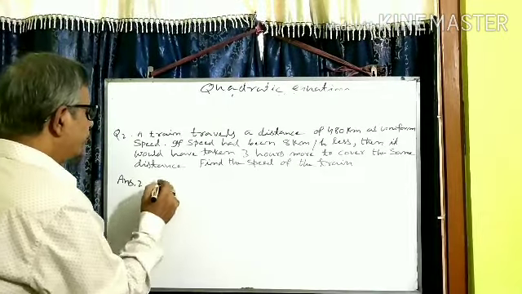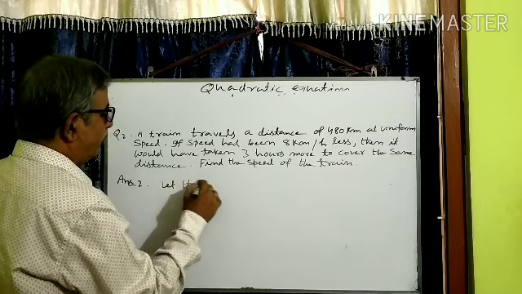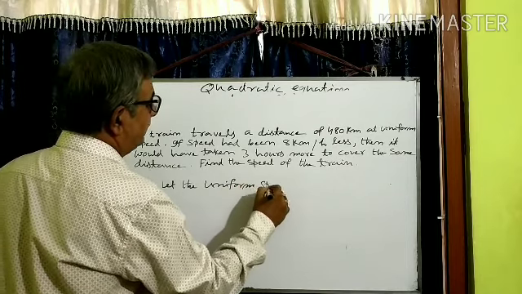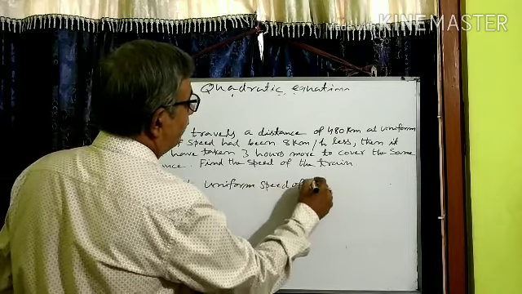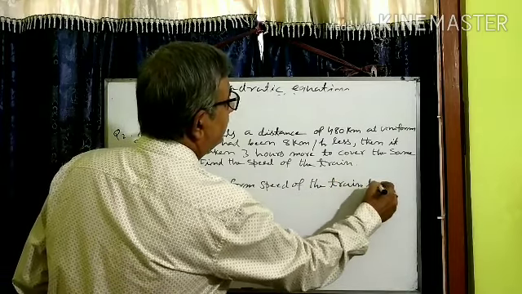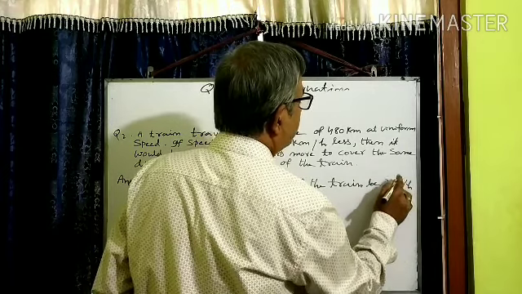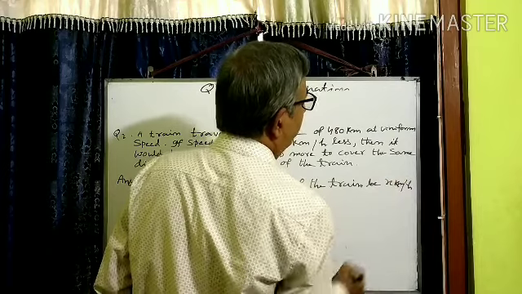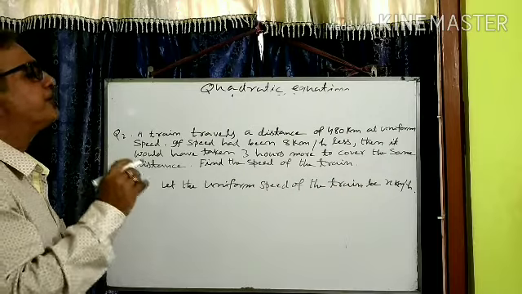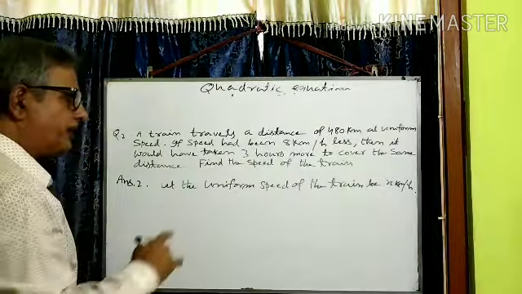Let the uniform speed of the train be x kilometer per hour. x kilometer per hour. Now, with that speed, if the train moves, how much time will it take to cover 480 km?